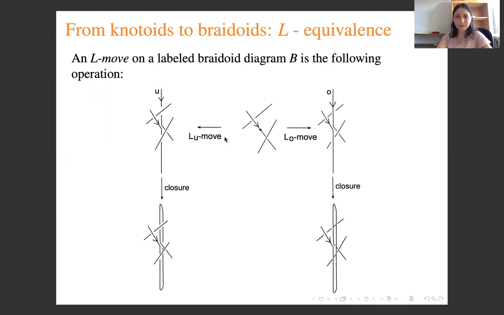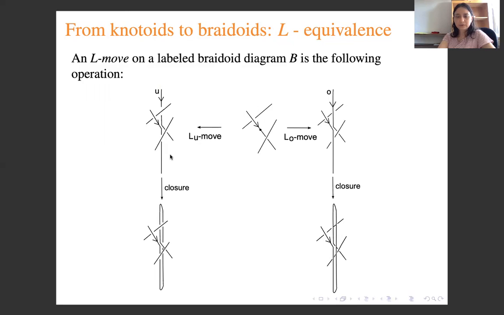that is, to cut the given portion of the strand at the chosen interior point, and to pull the resulting ends to the top and to the bottom line of the braid or braidoid, by preserving the vertical alignment with the cut point here.